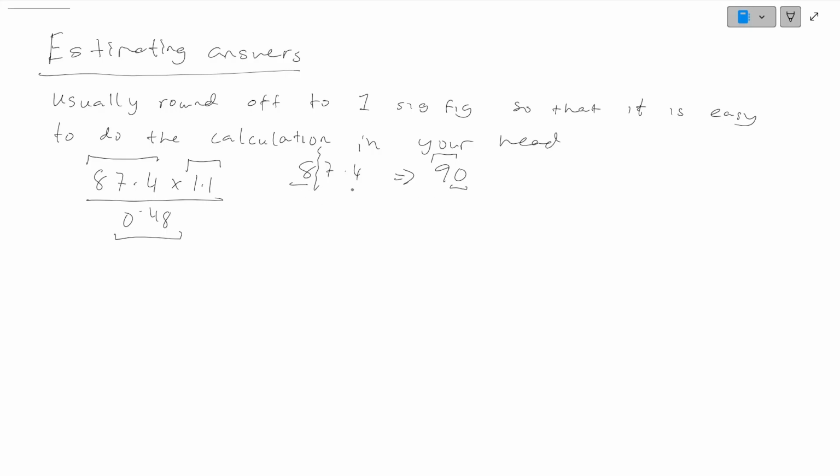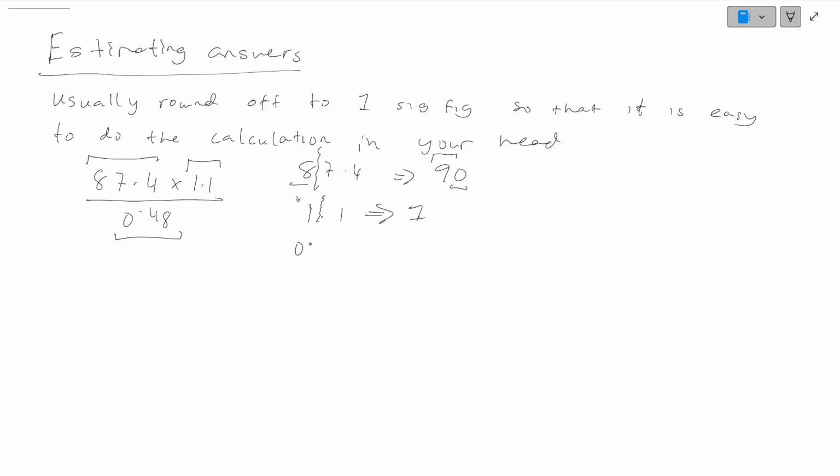So 87.4 will be rounded off to 90. When I look at 1.1, my first significant figure is 1. I'll draw my door, look at the number next door. It's less than 5, therefore 1 will remain 1. So this rounded off to 1 significant figure is just 1.